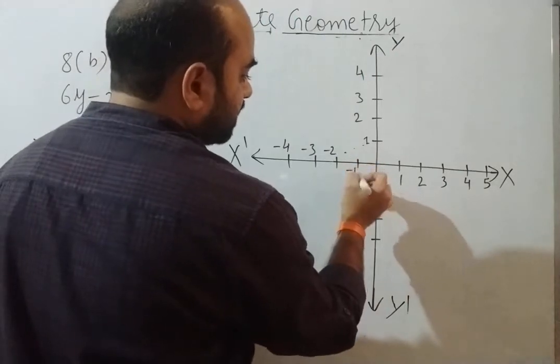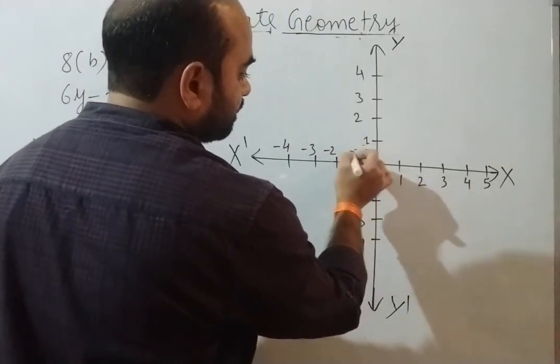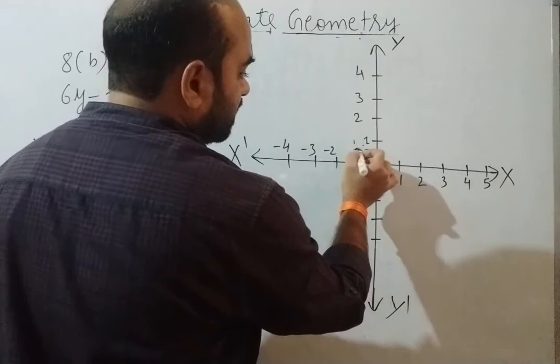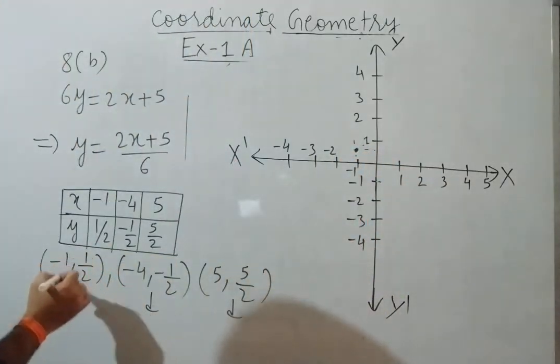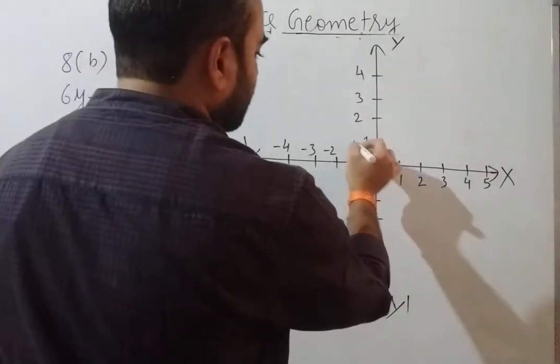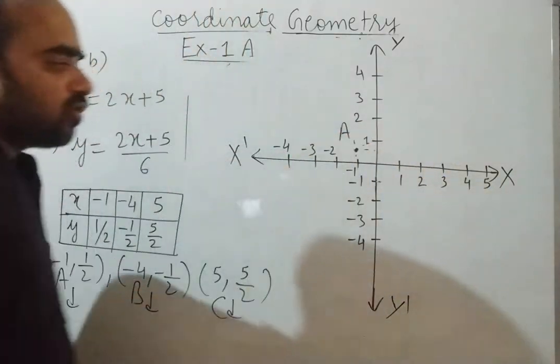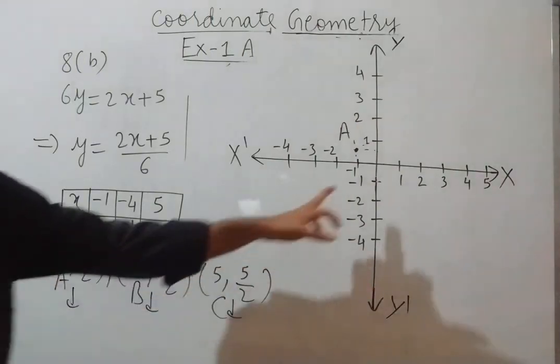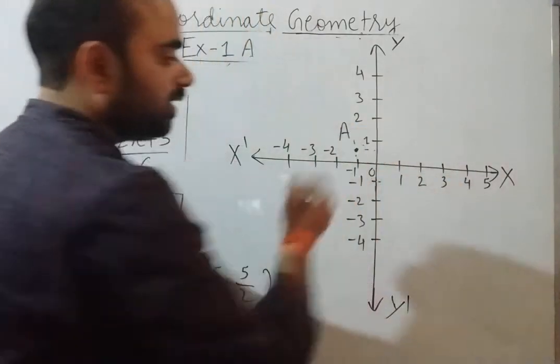This is minus 1 and this is 1 by 2. So this is the point. Suppose these are A, B, C. So this is A, minus 1 comma 1 by 2. 1 by 2 means the mid value between 0 and 1.